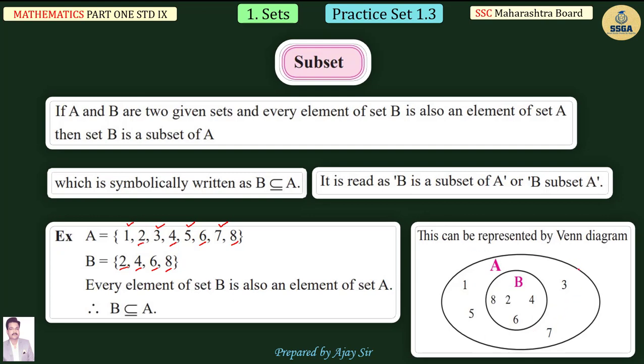B is a part of set A. This pictorial representation of a set or the relation between sets by Venn diagram is very useful to understand.